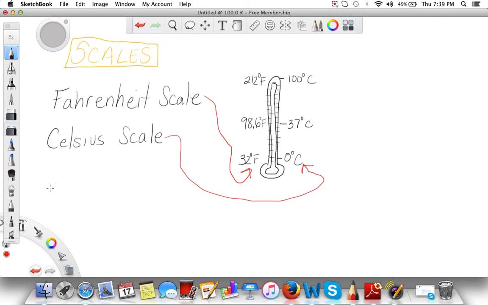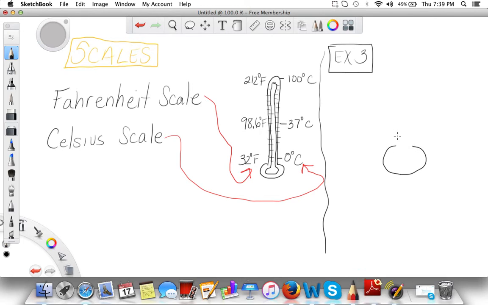So let's look at example 3. Example 3 says, what temperature is shown on this thermometer? And if you notice, the only measure that's showing on example 3 is the degrees Fahrenheit.